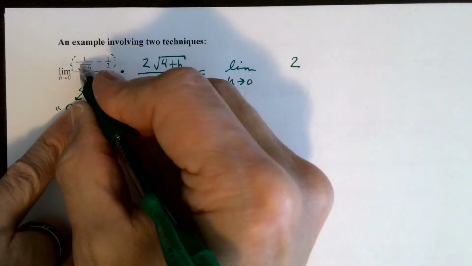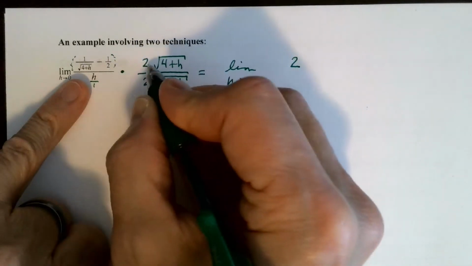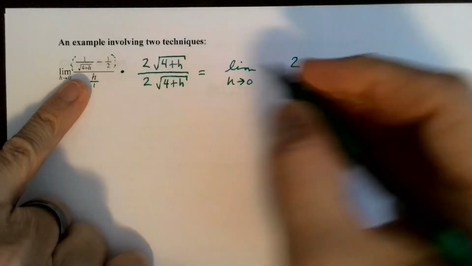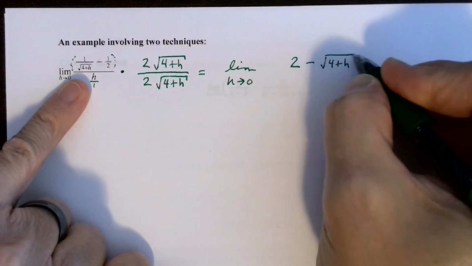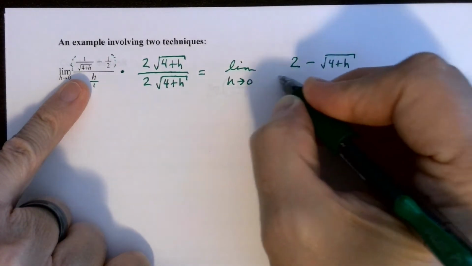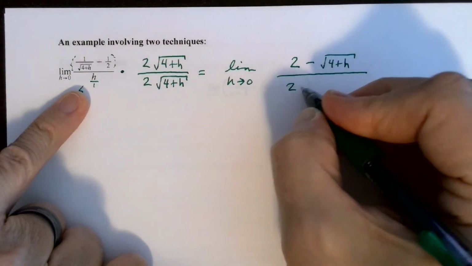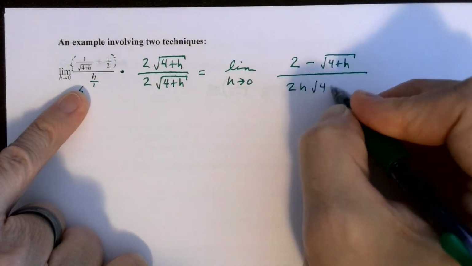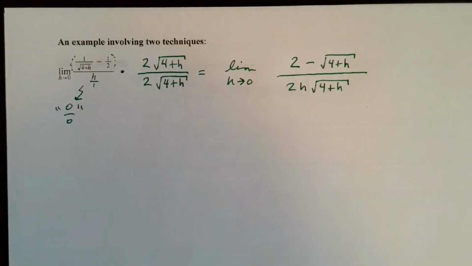Right? This times that gives me just 2. Now when I multiply it by a half, the 2's cancel out, and I'm just left with the square root of 4 plus h. In the bottom, I'm just going to multiply h times 2, or 2h times the square root of 4 plus h. Okay. So did that clear out my compound fractions?